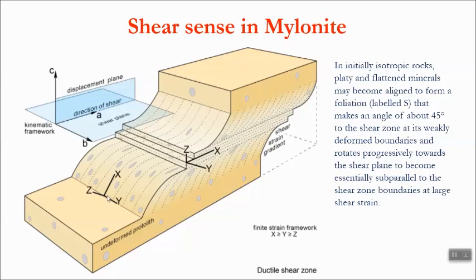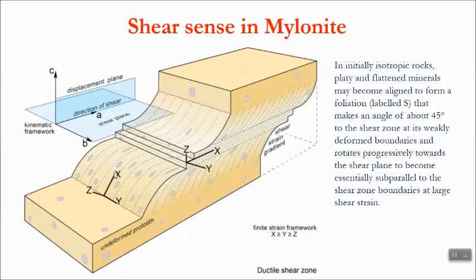That means any body which is spherical before deformation will get elongated along x and shortened along z. So the long axis of this ellipse will be along x, the short axis along z, and y is the intermediate axis, which is perpendicular to the plane along which the displacement has occurred.